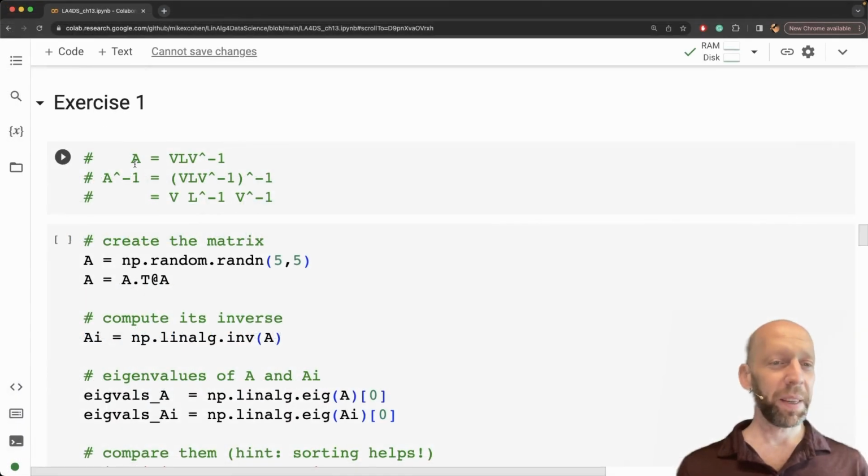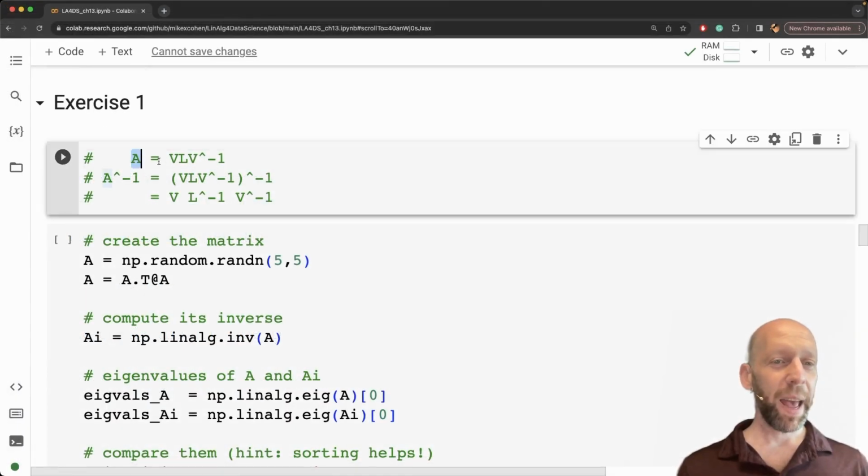Here's the whole proof right here. It's really simple. So we have A equals V lambda V inverse. So here I'm just writing out the diagonalization of matrix A. And then I take A inverse, and now whatever you do to one side of the equation, you have to do to the other side of the equation. So I take the eigendecomposition of A and invert that whole thing. And then we just use the LIVE EVIL rule to expand out these three matrices.